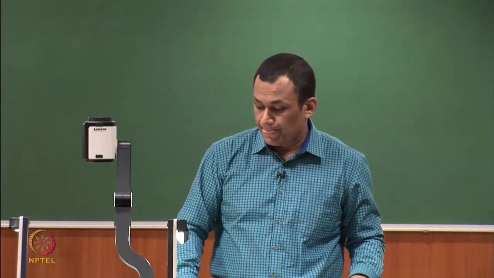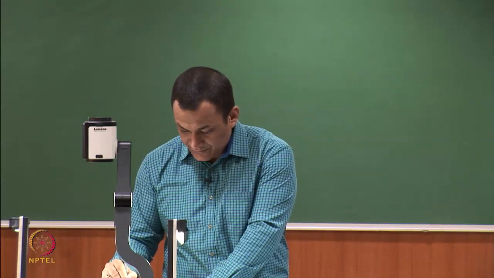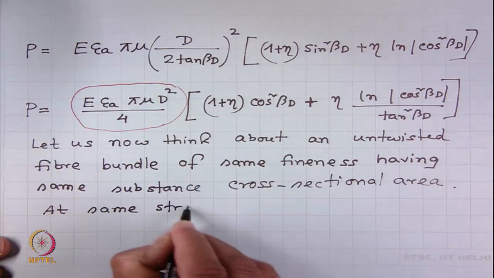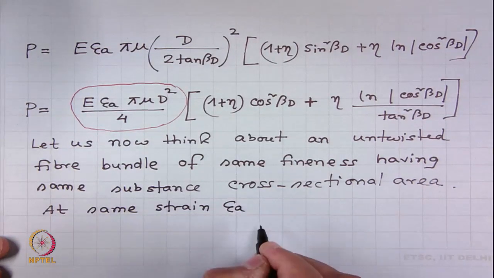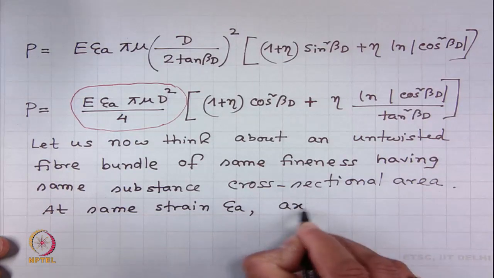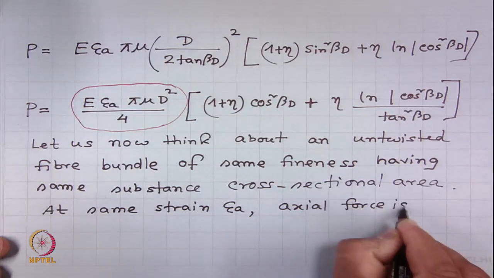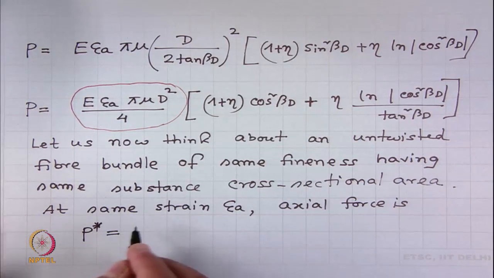Let us now think about an untwisted parallel fiber bundle of same count and having same substance cross sectional area. So, at same strain, what is the strain? Epsilon A. What will be the axial force? This axial force we denote by P star.